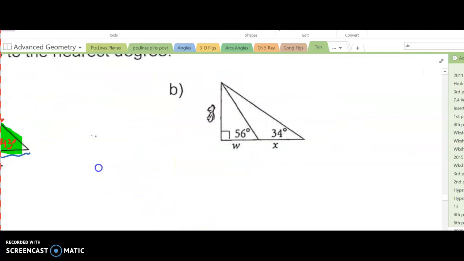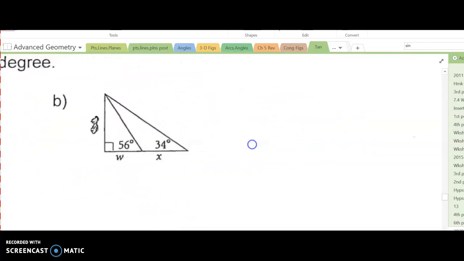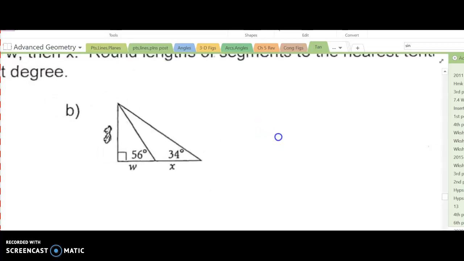Okay, then let's look over here at part B. Again, let's study the picture for a minute and see what we even have to work with. It looks like, again, we have two triangles. Again, these two triangles together make a larger triangle.